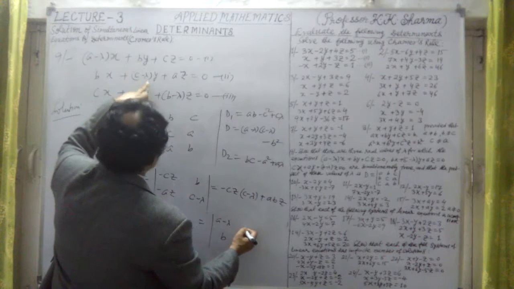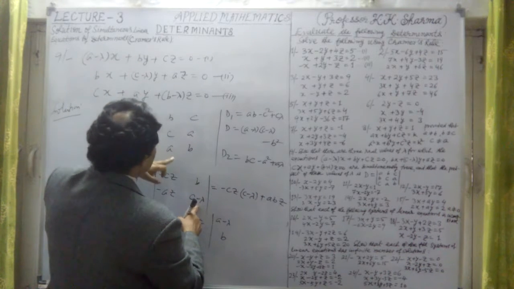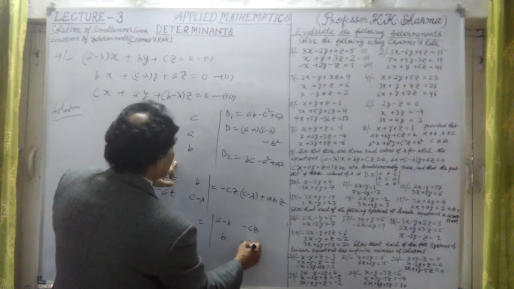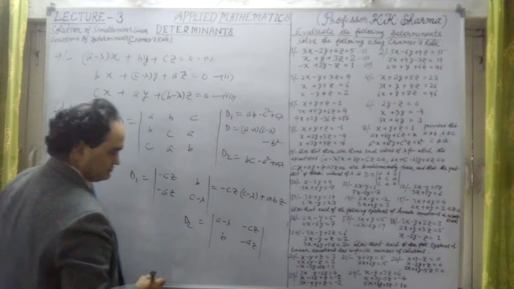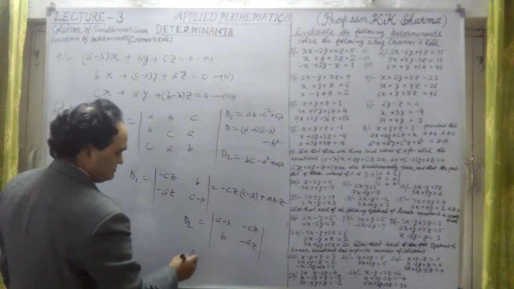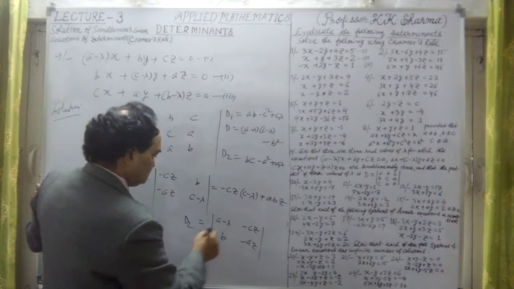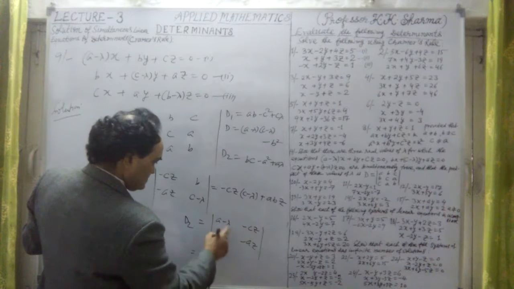In place of B and C minus lambda, we have to replace by minus CZ and minus AZ. But in terms of Z the value must be there. If I write then ZK, that will be this also.